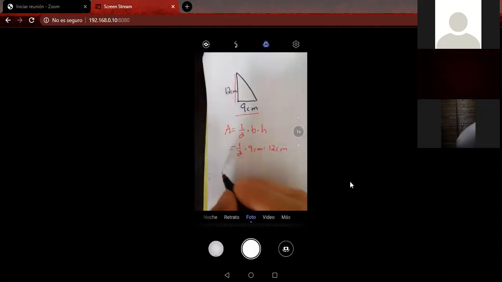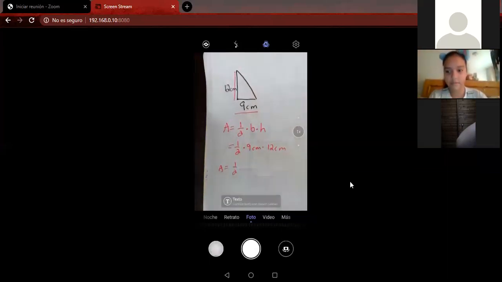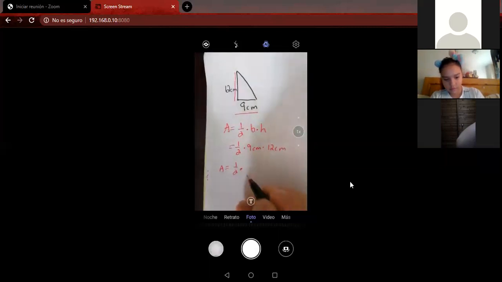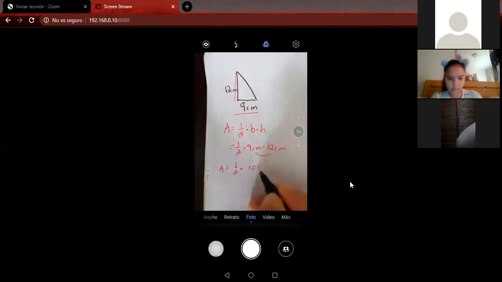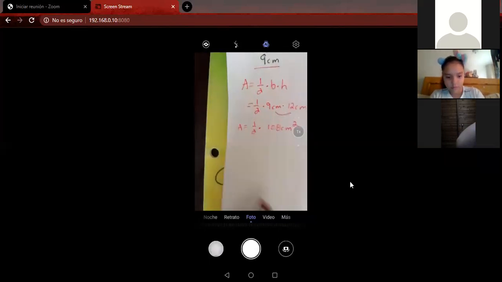Okay. Now, I'm going to multiply. How much is 9 times 12? Voy a multiplicar estos dos primero. This is 108 centimeters square. Okay? But now I have this 1.5.